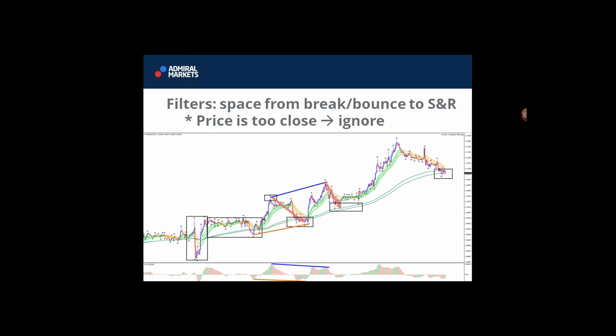So I talked a bit about filters, and it basically boils down to estimating how much space there is from the setup, from the entry, up to or down to that next support or resistance level. And if price is too close, then it could be good to skip it and filter it out.